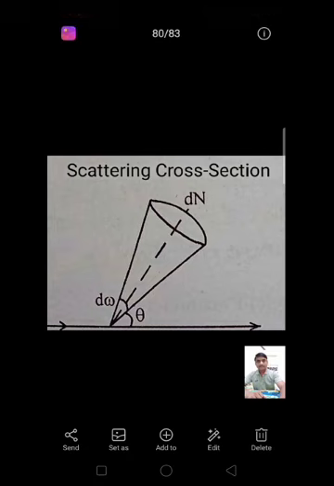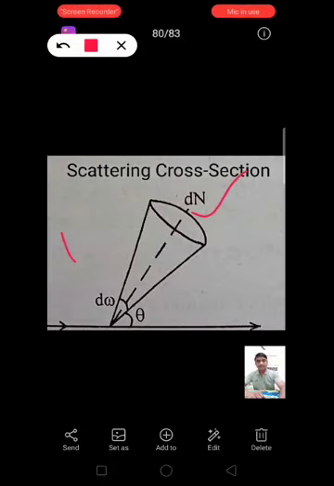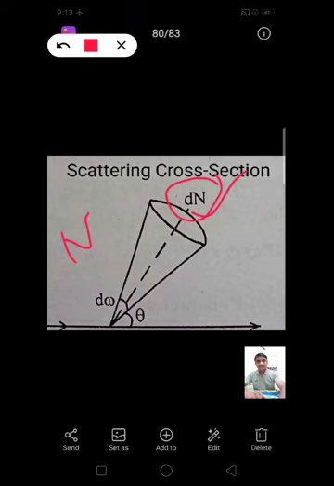Through the solid angle, how many alpha particles are scattered? Let it be dN. N is the initial number of incident alpha particles and dN is the number of scattered alpha particles through the solid angle. Now scattering cross section is defined as the ratio between dN and N.